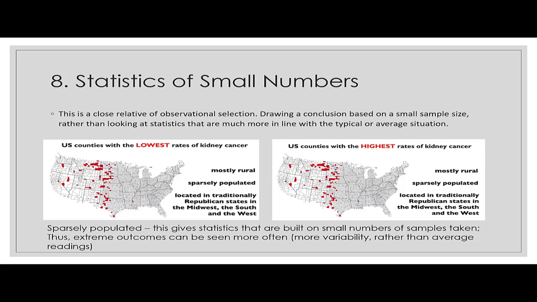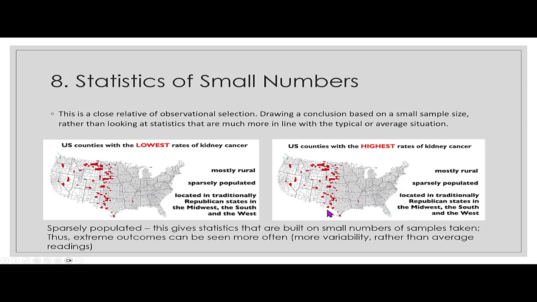So you could have the same counties selected here, and using small populations in these counties, you could call them the counties with the lowest rates of kidney cancer, and you could also count them as the counties with the highest rates of kidney cancer, saying that they're mostly rural, sparsely populated, located in traditionally Republican states in the Midwest, the South, and the West, right?